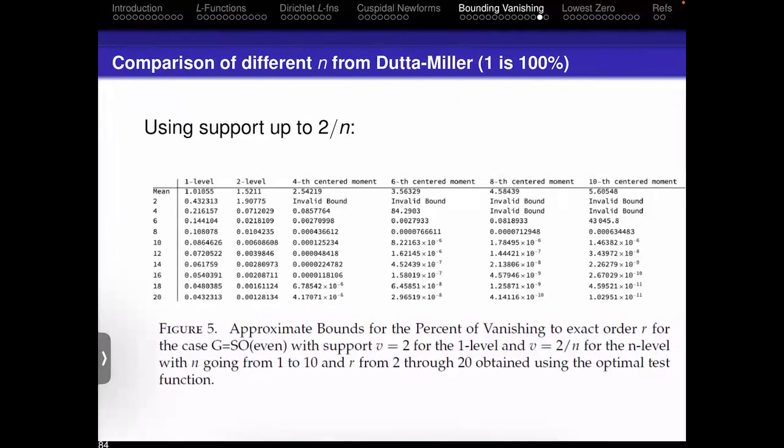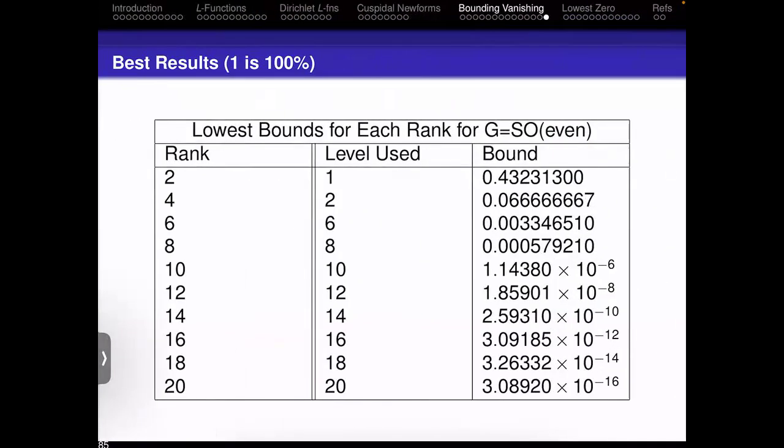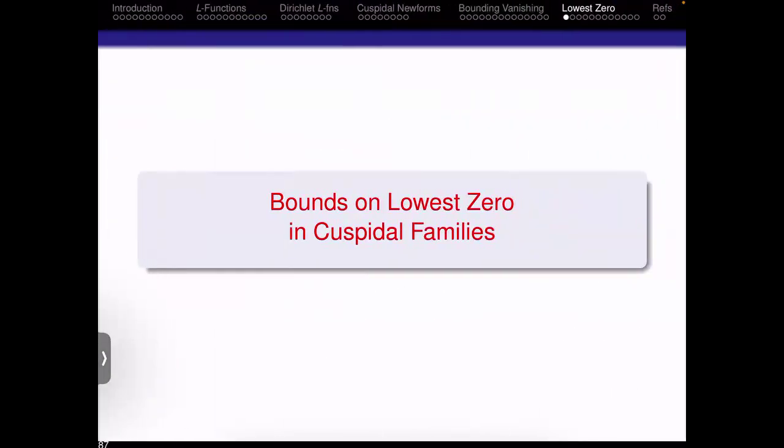And if I use the optimal test function, it's 0.0432. So essentially, not much of a difference comes from using the optimal versus the naive. The real benefit is being able to use the n-level density. You can then ask, for a given order of vanishing at the central point, what n is the best n to use? There are lots of games you can play like this, lots of problems you can spin off for students. I'm going to skip the rest on that.